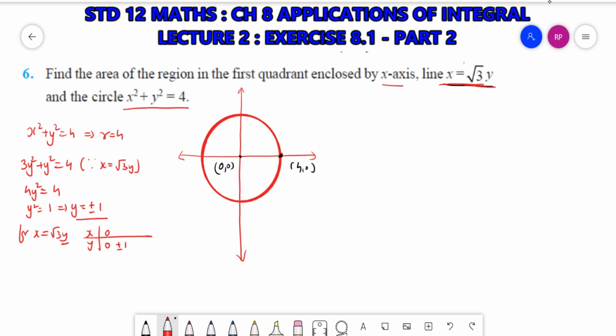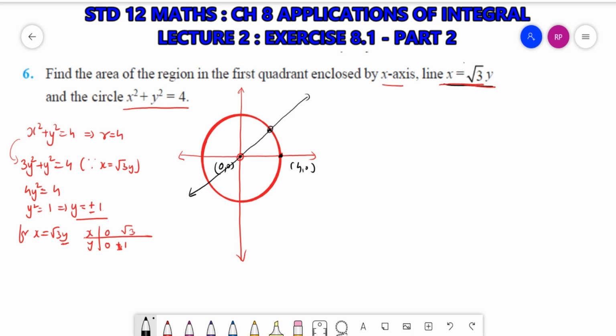As we have to find in the first quadrant, let's take plus 1, x is equal to root 3. So one point of the line is 0, 0, and another point is root 3, 1, which will be on the circle. Let's say the point may be somewhere here. Root 3 is less than 2.